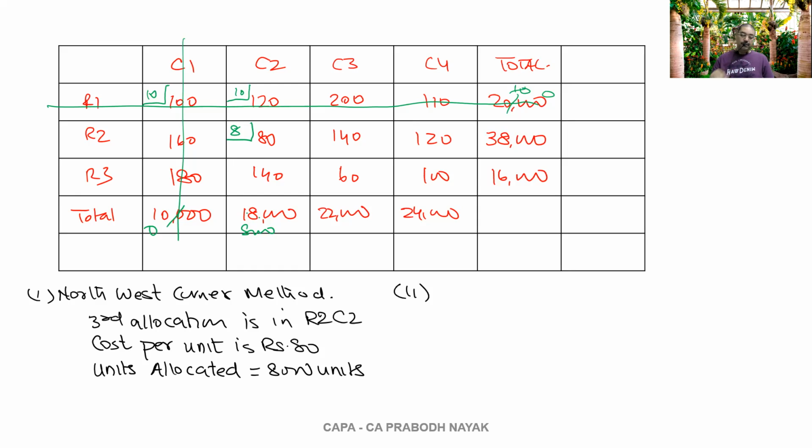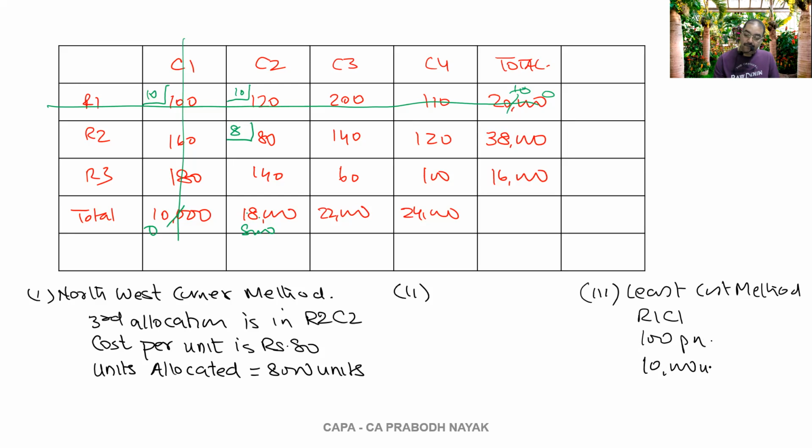Because 100 is the third least cost. So in the least cost method, you got the answer. Third allocation is R1C1. Cost per unit is 100 rupees. Allocation is 10,000 units.